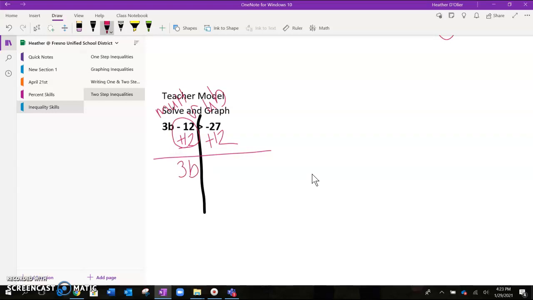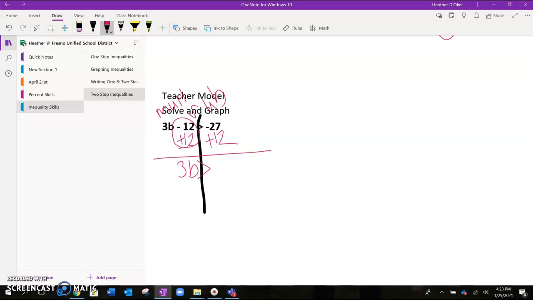And now my inequality. Did I do anything to reverse the inequality? Well, it only reverses when I multiply or divide by a negative. I didn't even multiply or divide, so it stays the same. Negative 27 plus 12. So that's like if I was at negative 27 on the number line, I'm adding 12, so I go towards the positives. Those numbers are getting bigger.